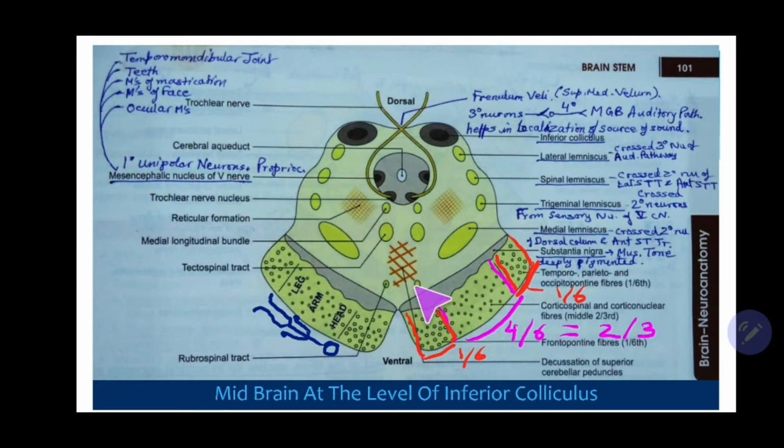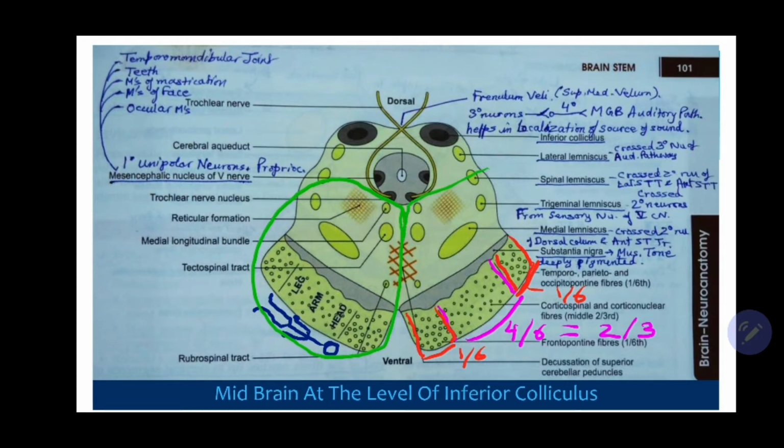and then deep to this is the tegmentum of the cerebral peduncles. Look here, this is another way you can see it: this much is called the cerebral peduncle.